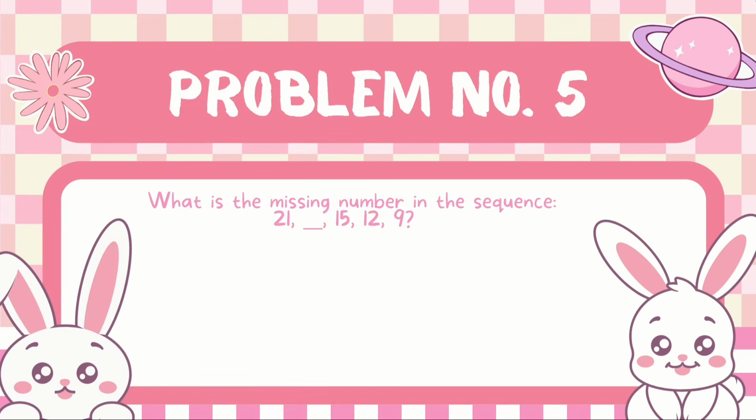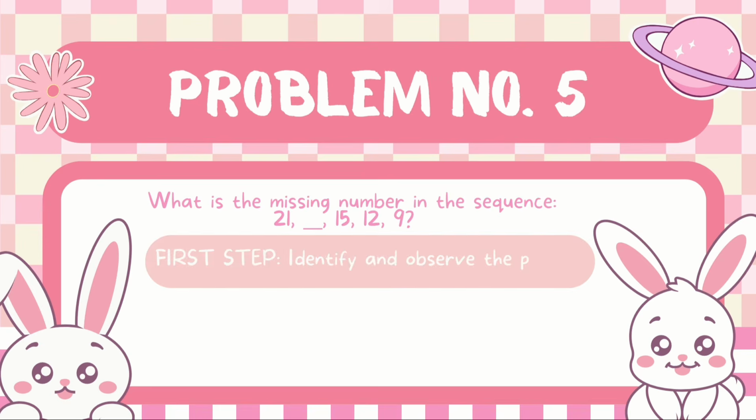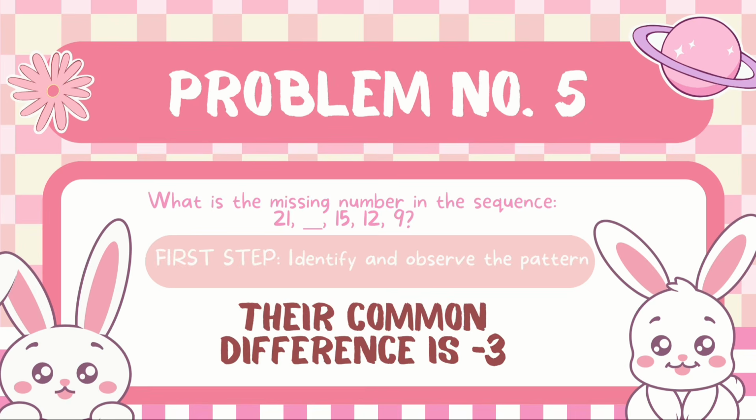For our problem number 5, what is the missing number in the sequence 21, blank, 15, 12, and 9? First step is to identify and observe the pattern. Their common difference is 3.